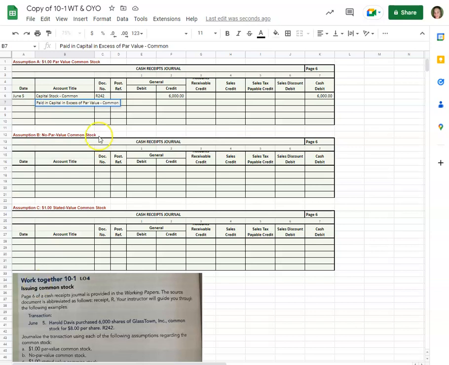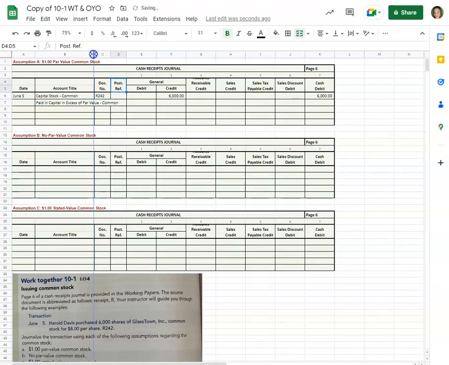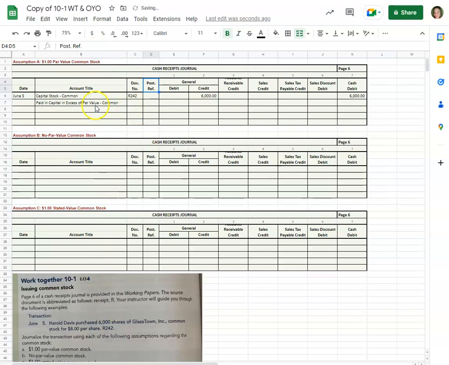What we might want to do is make this a little bigger so we can read it all. Alright, so we have 6,000 shares times $8 per share, but that's $1 per share over the common, so it'd be 6,000 times $7 per share would be the excess amount over par value, right?